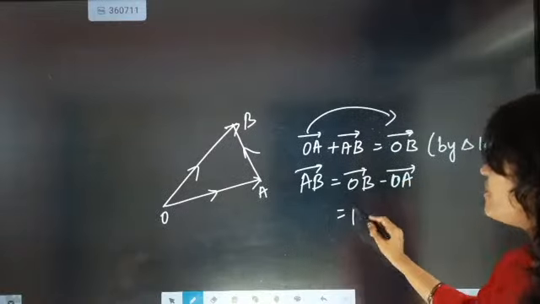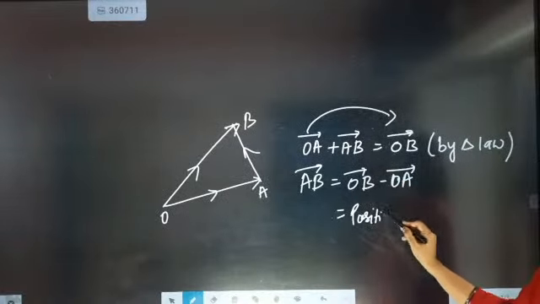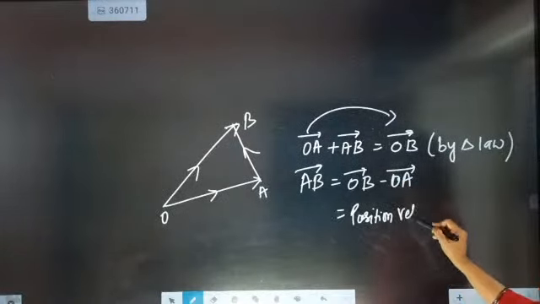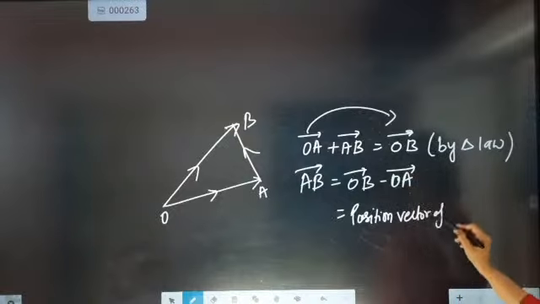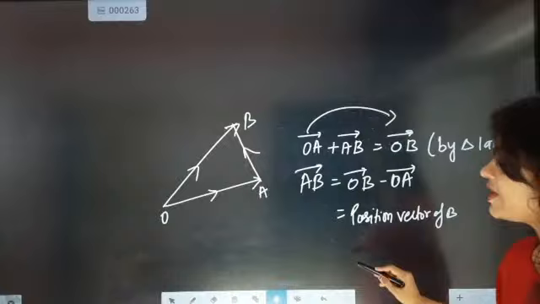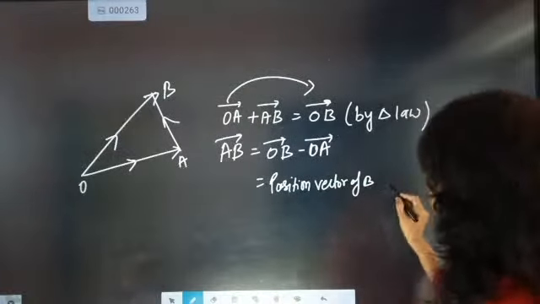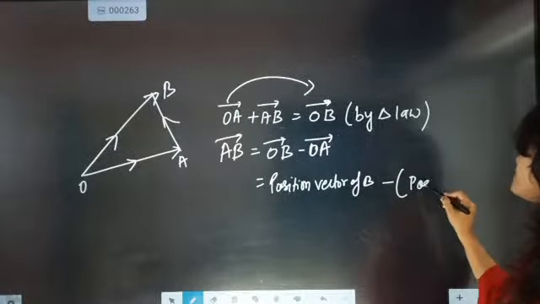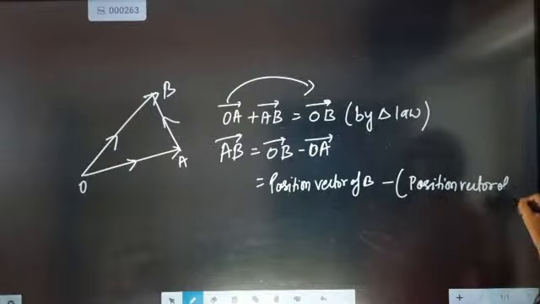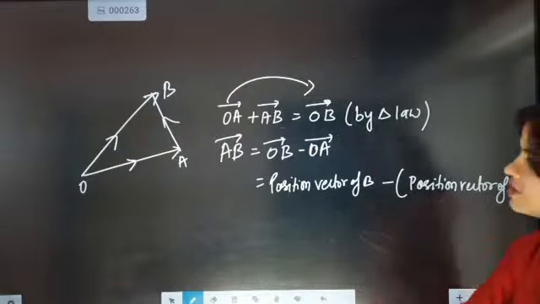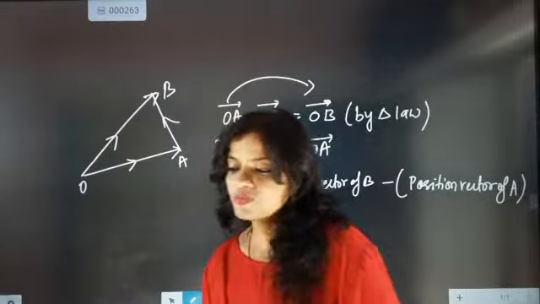That is, the position vector of B with respect to O minus the position vector of A. So this is the most shortcut part.